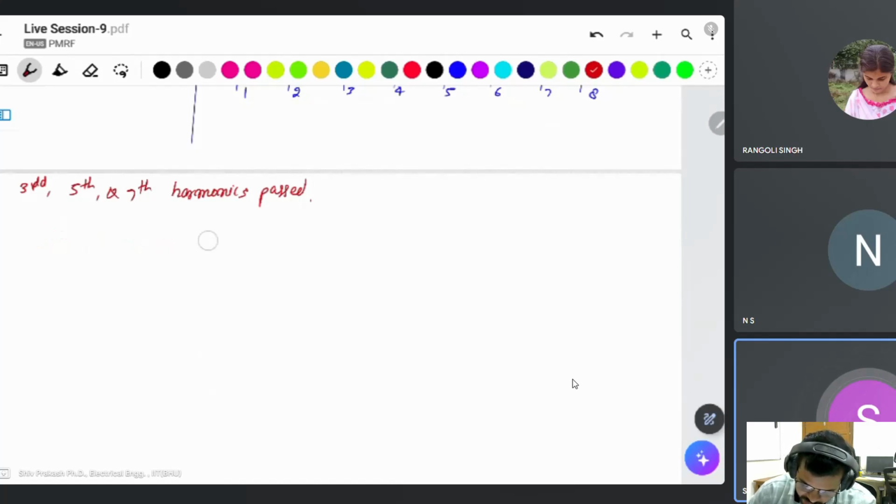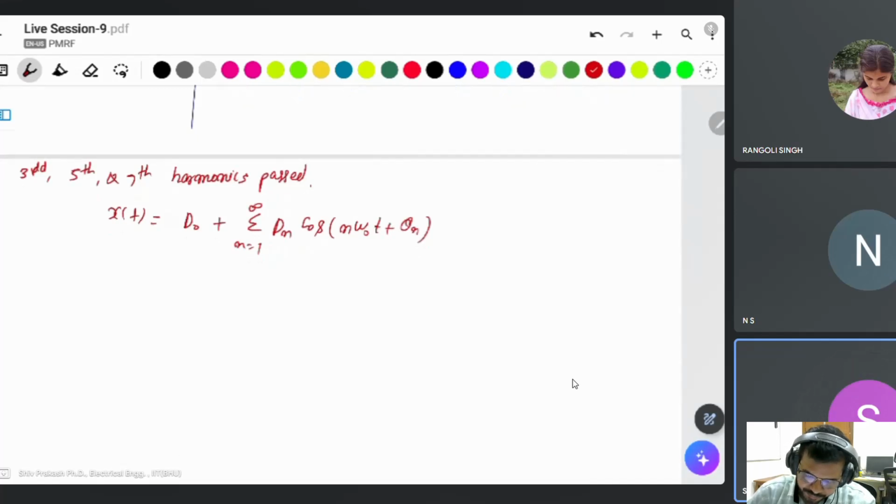First of all find the x(t). You know this one: d naught plus the summation of n equal to 1 to infinity of D_n cos of n omega naught t plus theta_n or minus phi_n, anyone you can take.